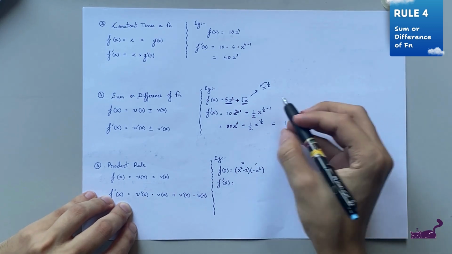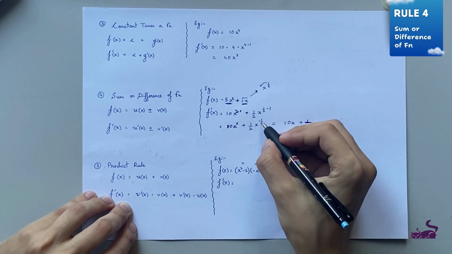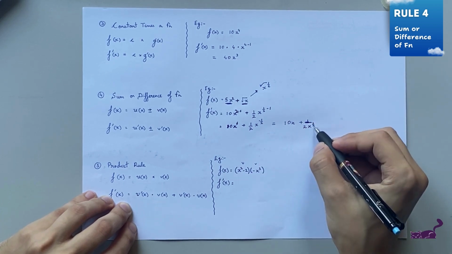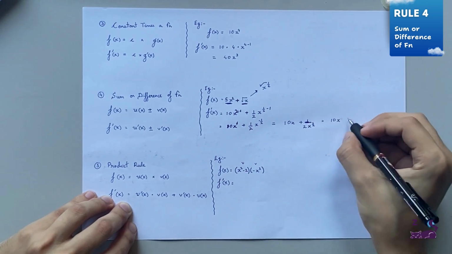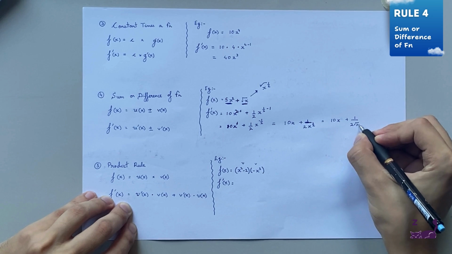Now in this case, if you see, I brought it down, and this is a positive half. Why? Because when we bring it into the denominator, the sign reverses, so positive half. But you can also write this as 10x plus 1 over 2 root of x.